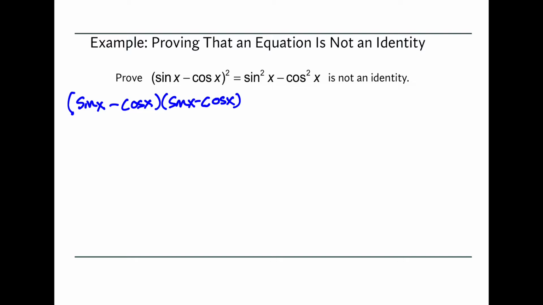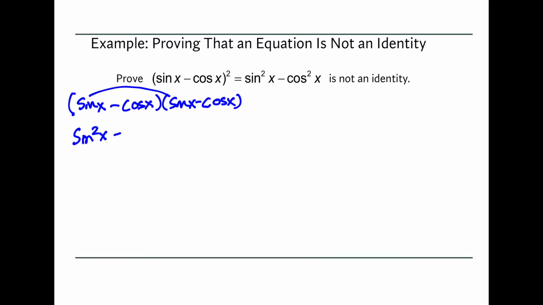So writing this out, this would give me sine squared x. We have our first. And then we have a minus sine x cosine x. That's for that one. Then we have another one of those, minus sine x cosine x. You could put those in either order. I just want them to look the same.